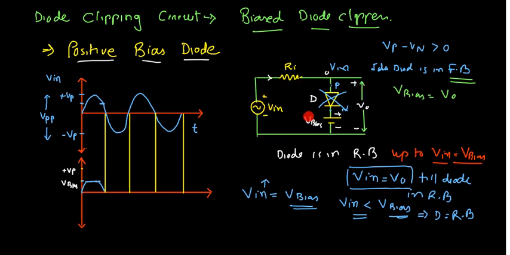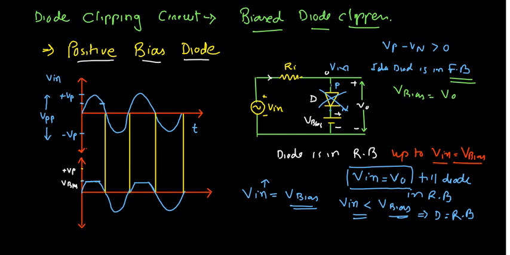The V bias effect will not be there until the diode is in forward bias. So V output will follow the input. Once again over here at the V bias voltage level, this part will be flat, and whenever V input is going down, once again the diode is in reverse bias and we get V input equal to output.